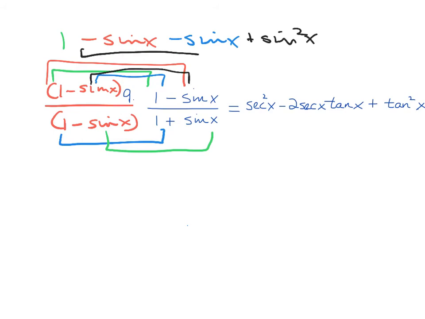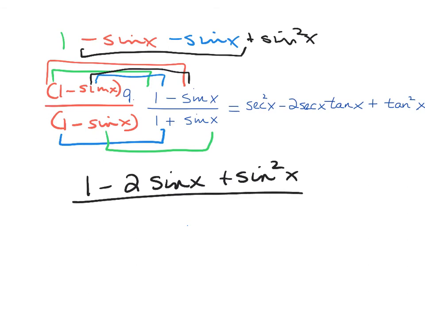So these will be combined. So my new top of my fraction is going to be 1 minus 2 sine x plus sine squared x. My denominator, after I do the first and the last, I get 1 minus sine squared x.